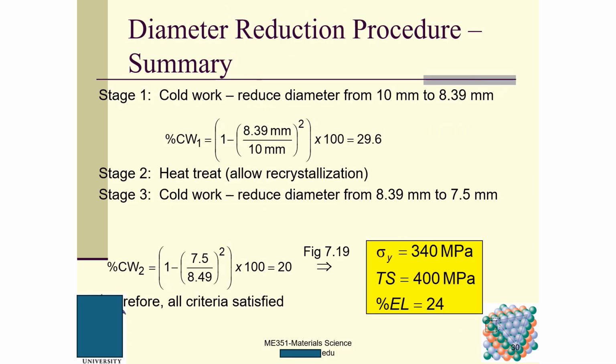Now we summarize what we have learned. Cold work to reduce the diameter from 10 millimeters to 8.39, and you can get the percentage of the first cold work. Heat treatment allows recrystallization, and then cold work again to reduce the diameter to 7.5, and then calculate the percentage of cold work for the second time.